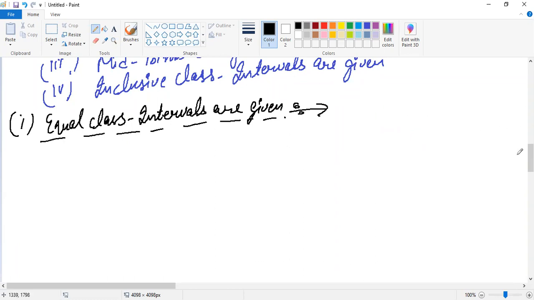Now we take an example, students. The frequency distribution of marks obtained by 225 students of a college is given.